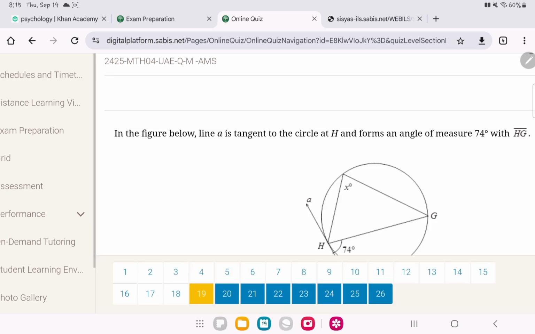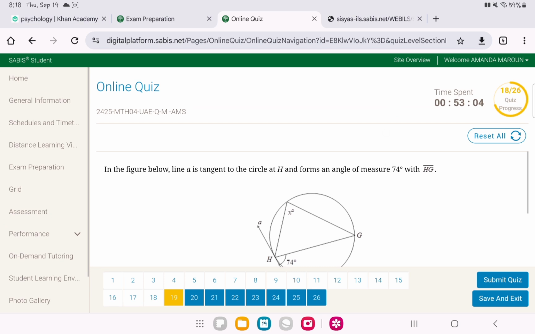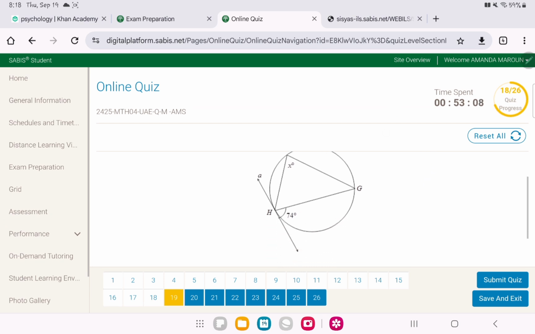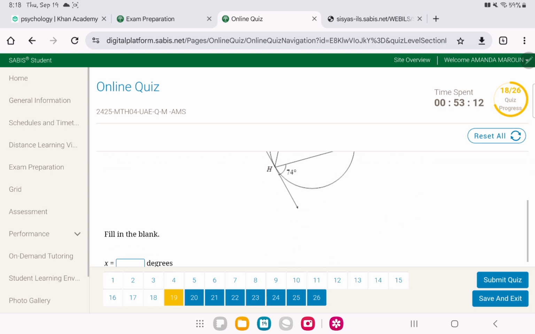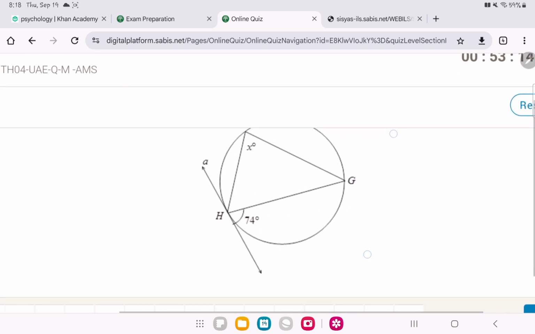Question number 19. In the figure below, the line A is tangent to the circle at H and forms an angle of 74. This may look like one of the hardest questions, but it's very, very easy. How do we know?